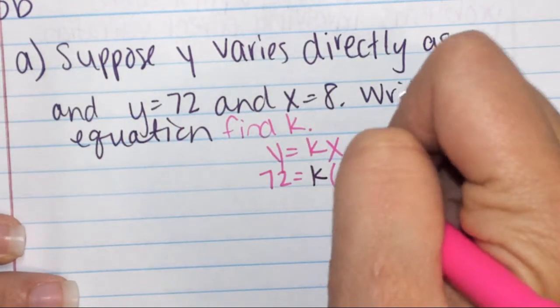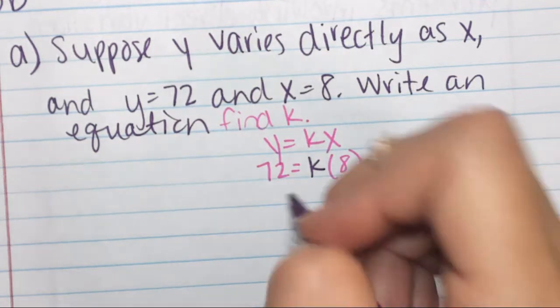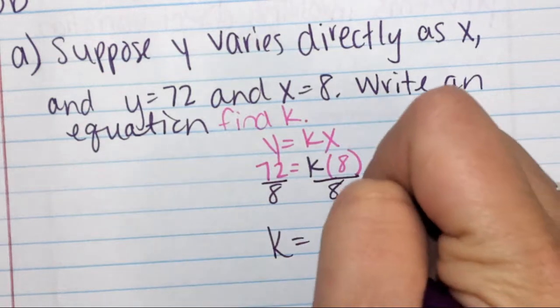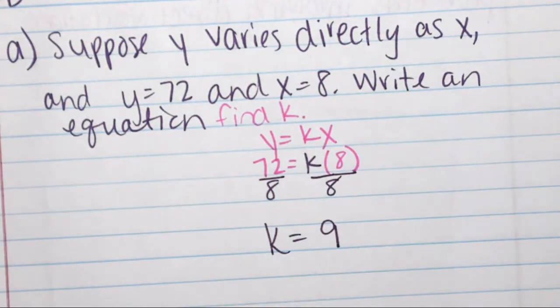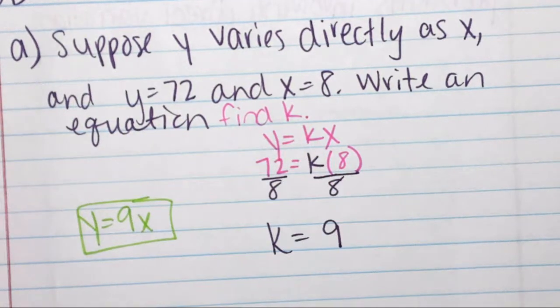How could we find k? You divide by 8. And what is 72 divided by 8? 9. So then, it says write an equation. Your equation would just be y equals 9x. That's it. That's all you do.